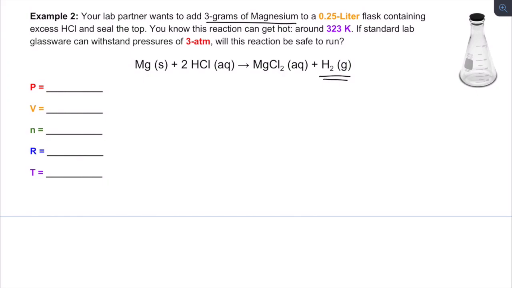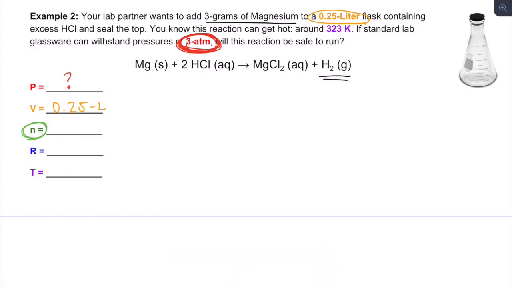First, I want to fill in our variables of the ideal gas law, and then we can see what other numbers we need to calculate before we can calculate the pressure. So the pressure is what we're looking for, because we're looking to see whether or not the pressure of the gas is higher or lower than 3 atm. The volume of the flask is 0.25 liters.